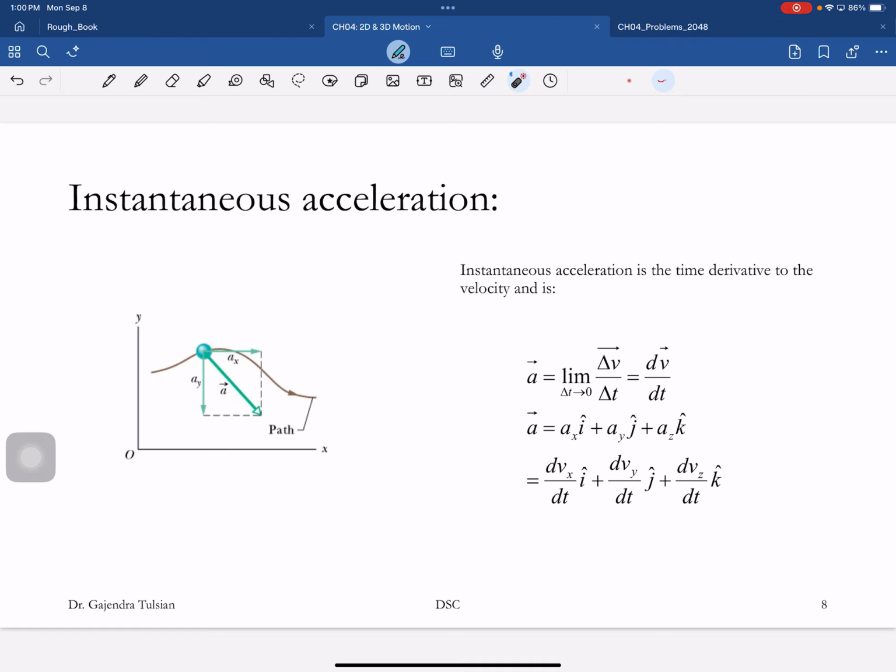So dvx by dt is the x component of the acceleration, dvy by dt, the time derivative of the y component of the velocity, is the y component of the acceleration, and dvz by dt is the z component of the acceleration.